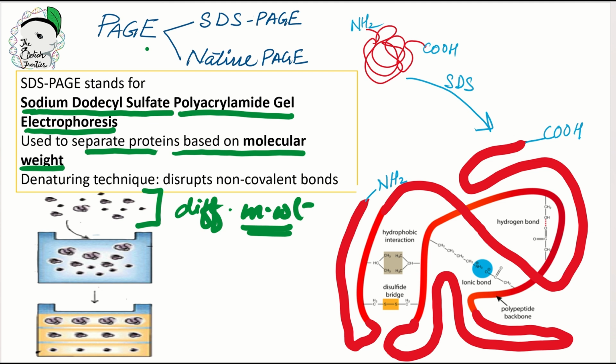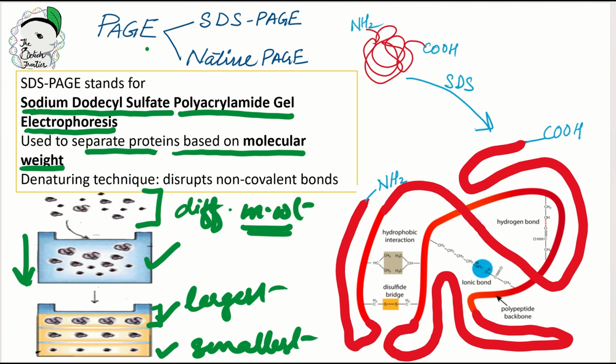When we pass these proteins through the SDS PAGE gel, we have already discussed how these gels are made. On the basis of molecular weight, these proteins are separated. This one is the smallest and this one is the largest. The smallest protein separates faster because it moves faster through the gel because of its compatible pore size.